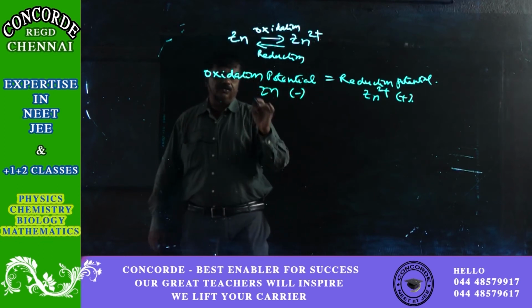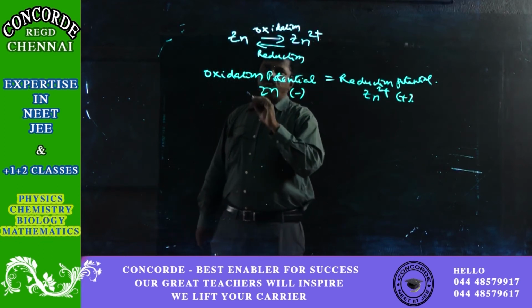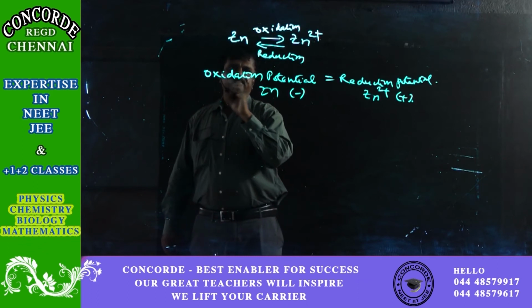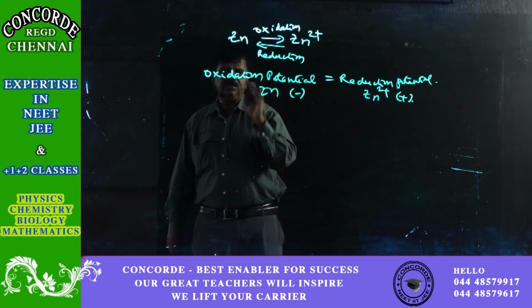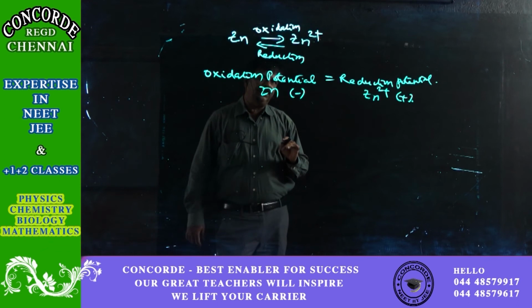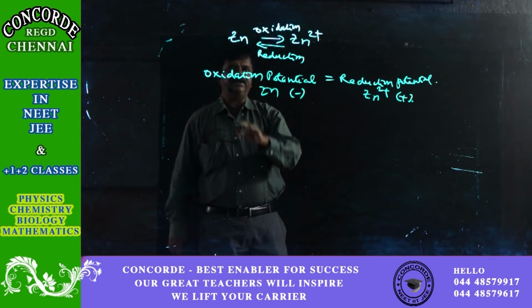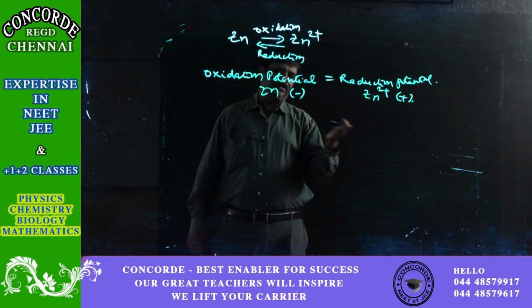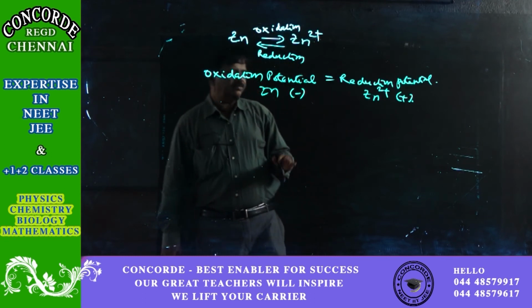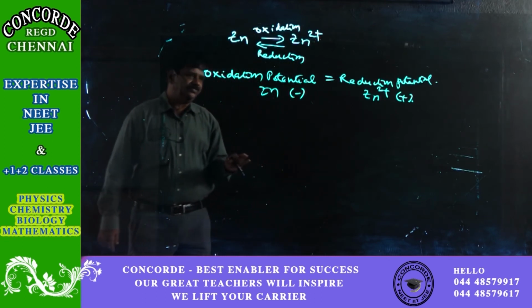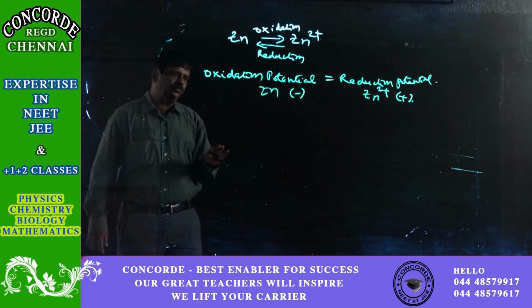Okay, so now we know that to measure the EMF, there should be a difference in potential. If you have a galvanic cell where you have zinc at one end and copper at the other end, it will be difficult to find out the potential difference between the two.